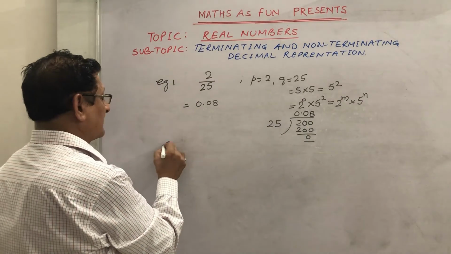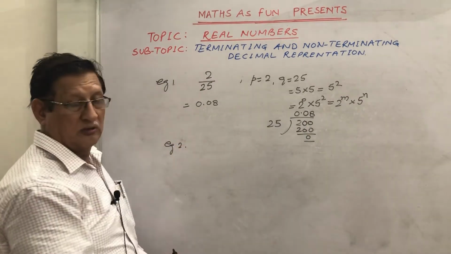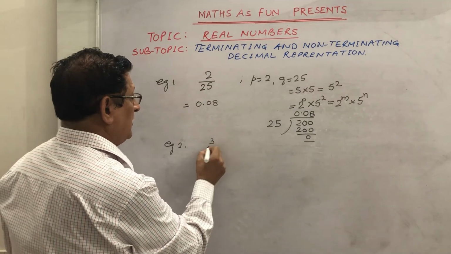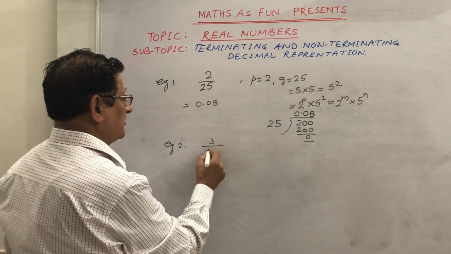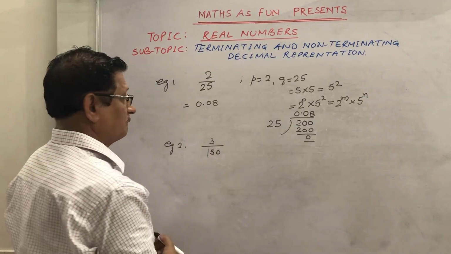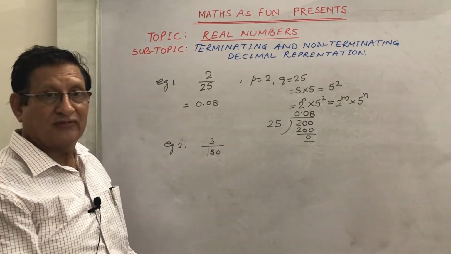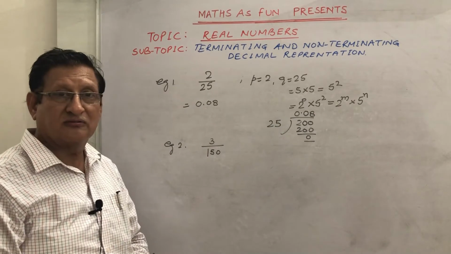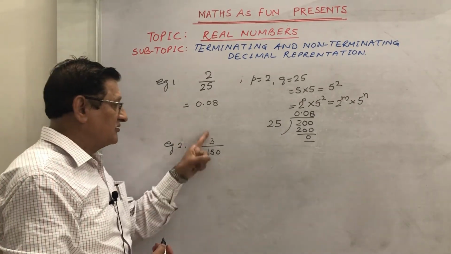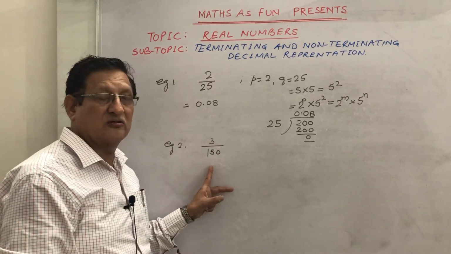Let's take example number 2. Suppose we have 3 upon 150. Do we find they are co-primes? No, they are not co-primes because they have HCF as 3.